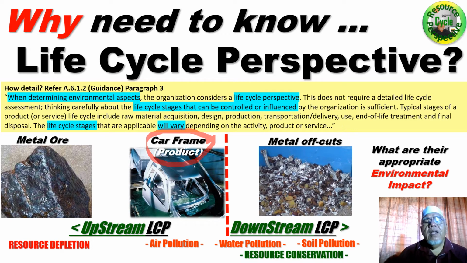Watch out. If we go upstream, there you are, the word is upstream, of the life cycle of this car. In other words, we look where it comes from. Of course, this car comes from an assembly plant, putting together all the car parts and components into what you see now.